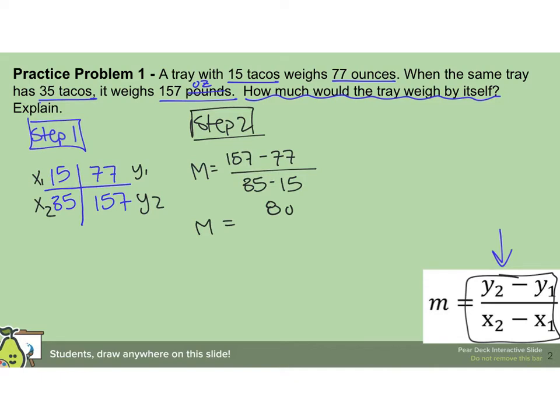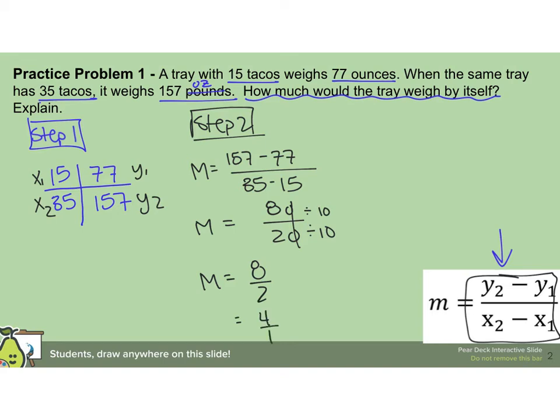And then my denominator, I have 35 minus 15 is 20. I see they both end in 0, so I can divide both of these numbers by 10 to get a slope of 8 over 2, which is 4 over 1.